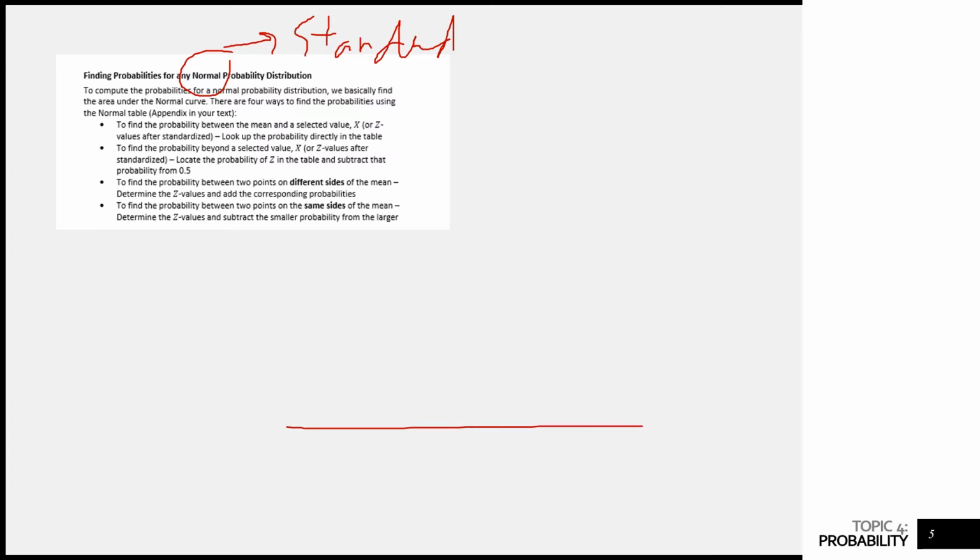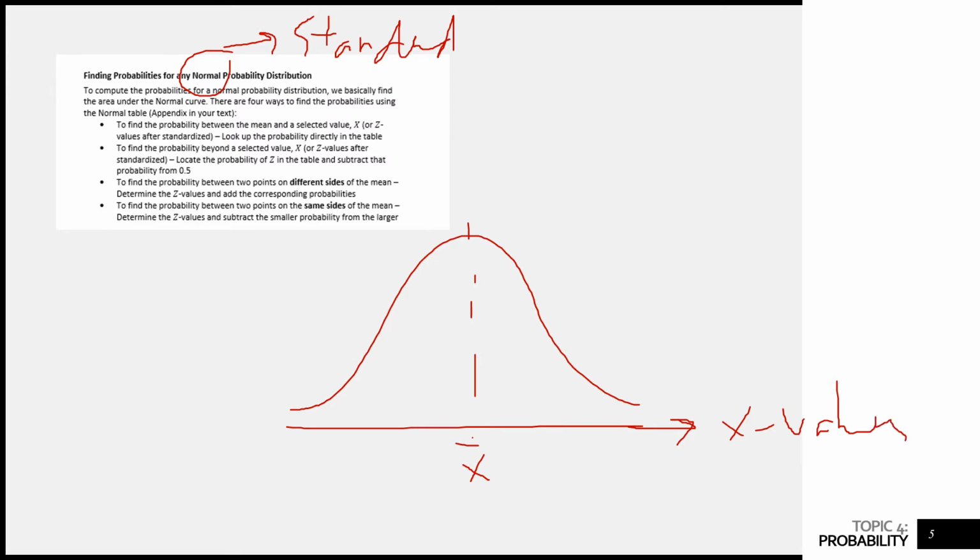Here is your normal distribution. In the center here would be your mean. Please take note, this particular line is your x values. Whatever number along this line is any x value, it could be anything, and in the center is obviously your mean.